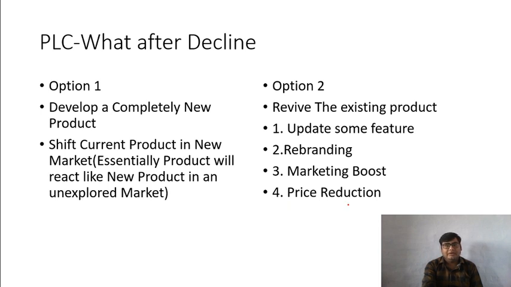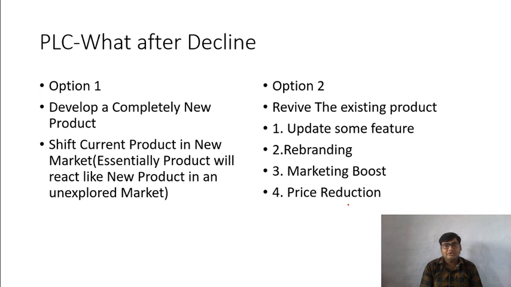For example, if I introduced a 4G phone today, which has a price of, say, 20,000 and some good features, after 1 year no one will buy this phone for 20,000. So my product will be in the decline phase and my sales will be declining.